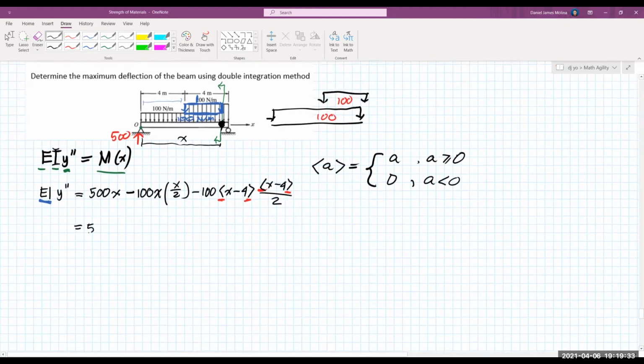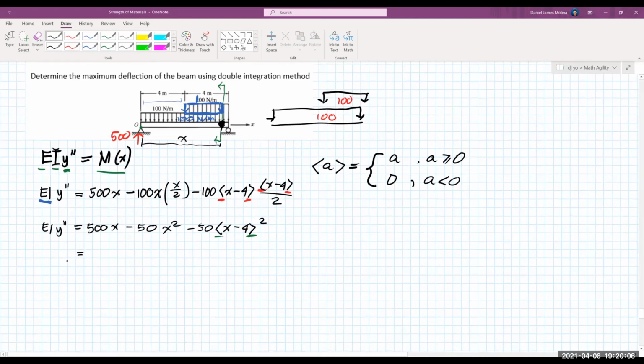So we have 500x, simplifying, okay? So we have EI y double prime equals 500x minus 50x squared minus 50 quantity x minus 4 squared. Okay, we will not expand the x minus 4 squared here, since we have a grouping symbol that is a bit complicated if it is expanded.